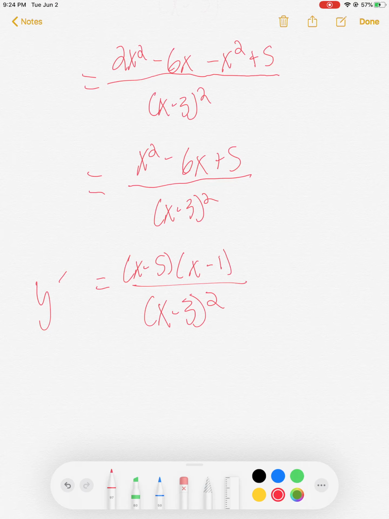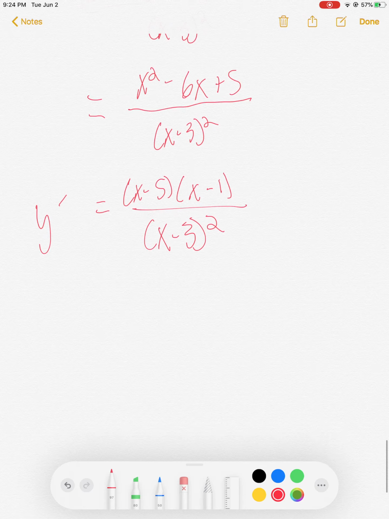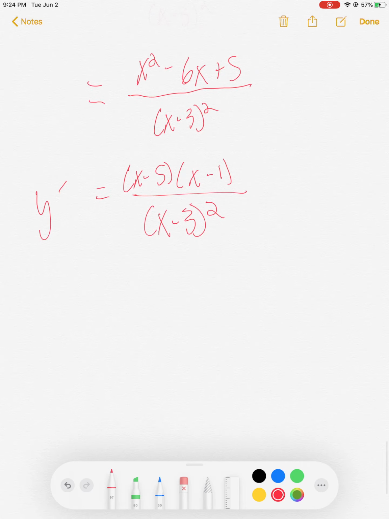In that numerator, this will be helpful in just a moment, that numerator is just x minus 5, x minus 1. And let me write y prime here, just to clarify. All right, so we found our first derivative.